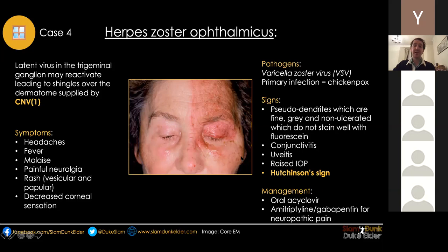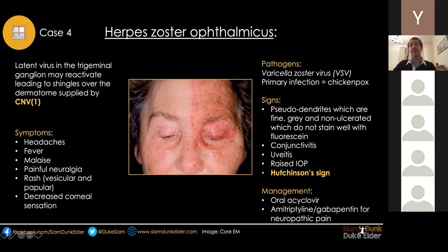So Hutchinson's sign is this distribution, and if the rash affects the tip of the nose, that means it's affecting the nasociliary nerve, which also supplies the cornea. So if the rash affects the tip of the nose, your suspicion of ocular involvement is higher.